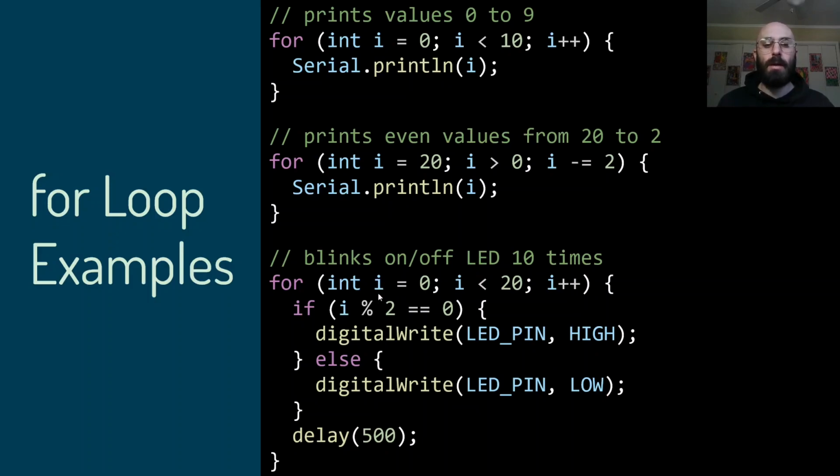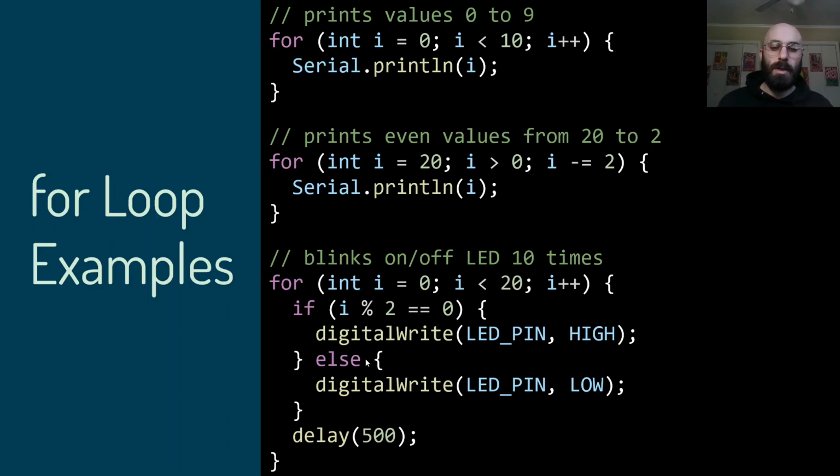Inside of the loop body, what you can see is we are going to take the value of I, which for the first time is 0. So if we do 0 mod 2, remember mod, or the percent sign, gives us the remainder. So if we say I mod 2 equals 0, that would be true for all even values of I, right? So this is basically just checking if I is even. If I is even, it turns on the LED.